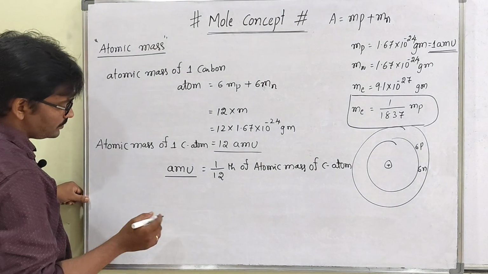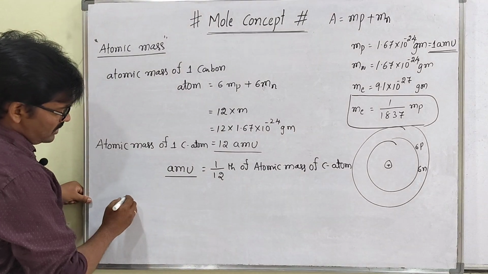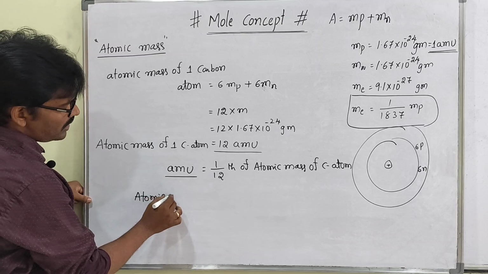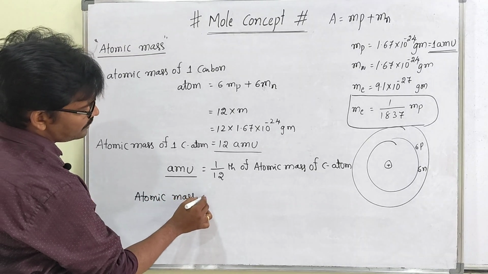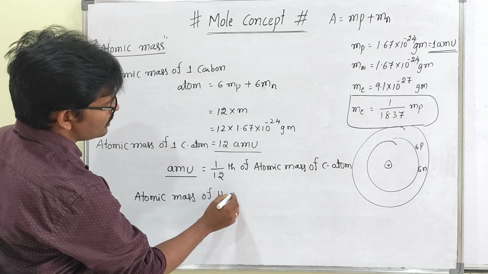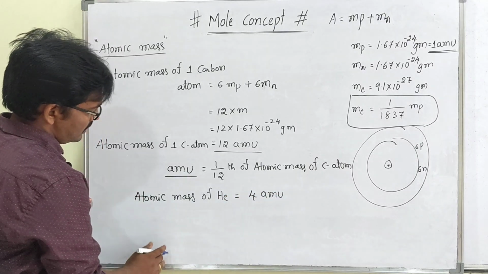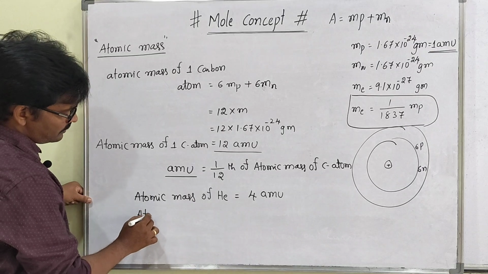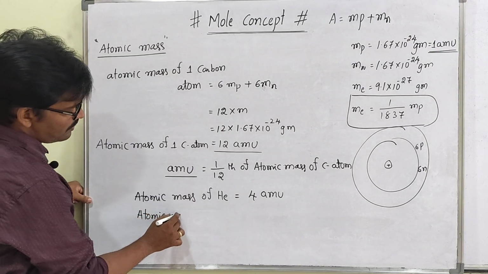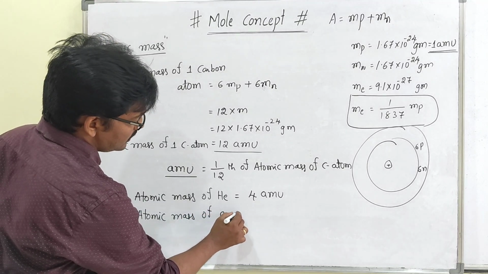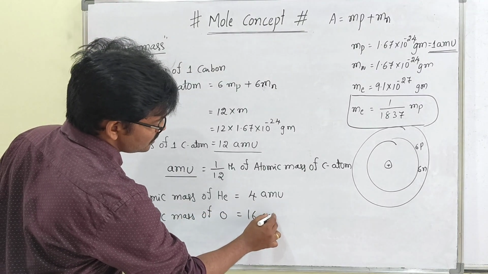Sir, for example, atomic mass of helium, 4 atomic mass units. Then atomic mass of oxygen, 16 atomic mass units.